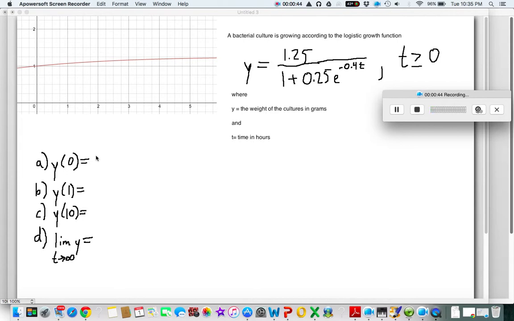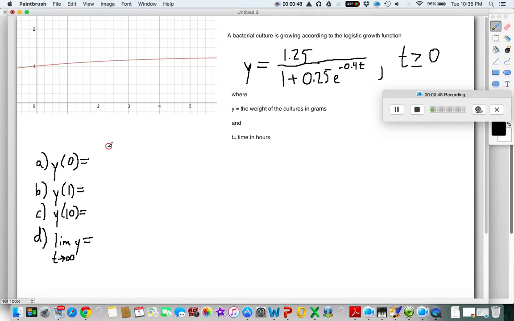So if I were to plug in the numbers, I'll go ahead and plug in the numbers for you, at least on this first one. E to the, of course, negative 0.4 times 0 is 0.